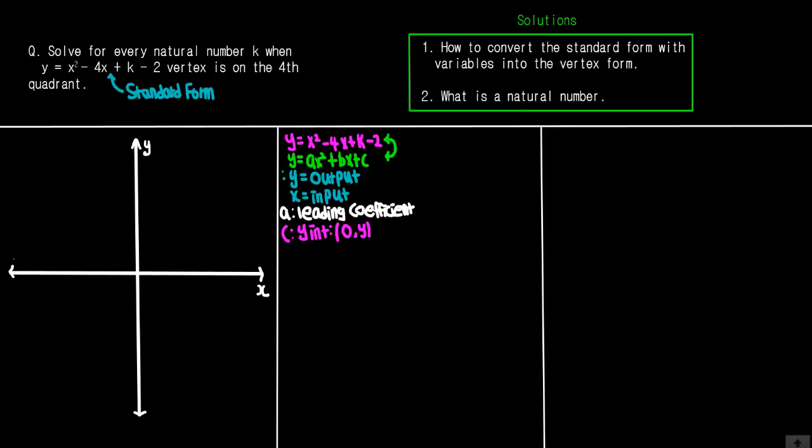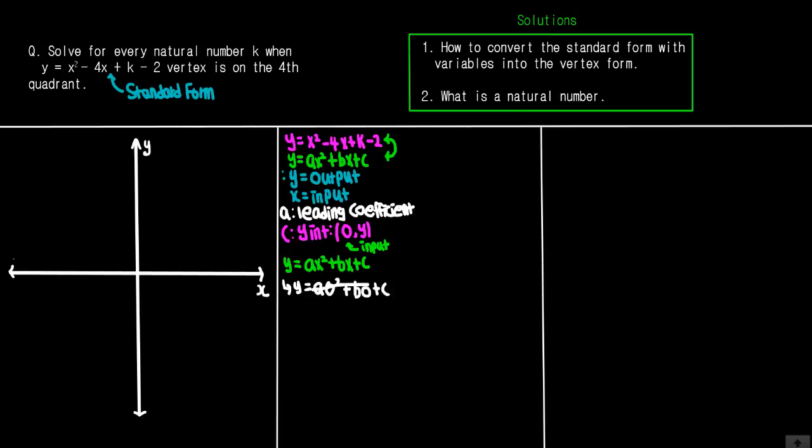The reason is that we can input our x value into our function. So let's think about this in our standard form: y is equal to ax squared plus bx plus c. If we input 0 as the input of our function, it turns into y is equal to a times 0 squared plus b times 0 plus c.